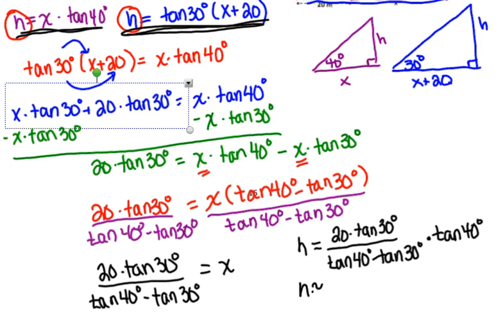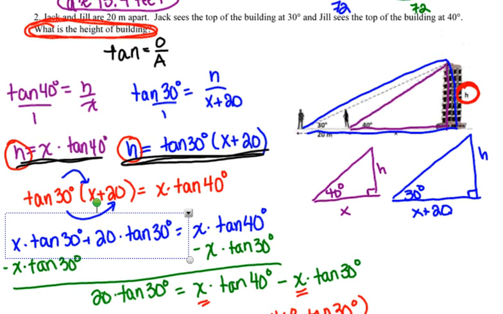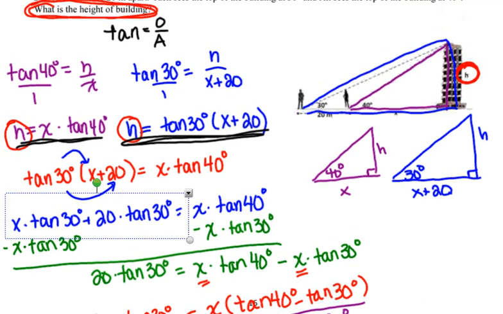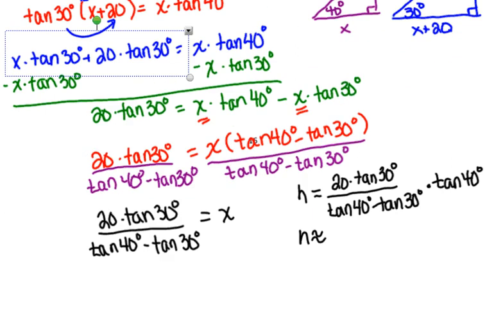And so finally now I'm ready to use my calculator. We want to find h. Unfortunately in this problem it isn't indicated to us what exactly it is they want us to round to. In an assessment they will always tell you what to round to. In this particular case I'm going to say let's round the height of that building to the nearest meter. So I'm going to put these into the calculator and round to the nearest meter.